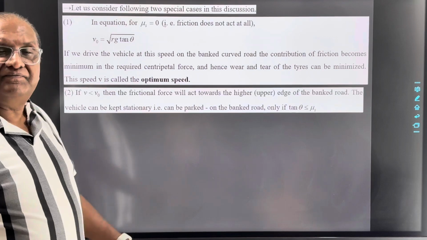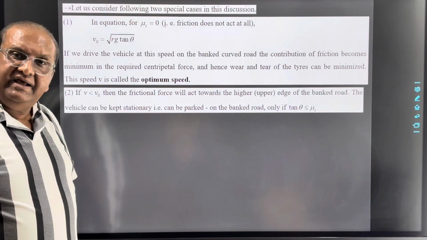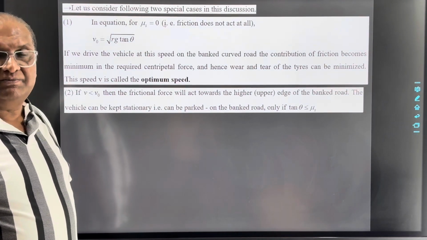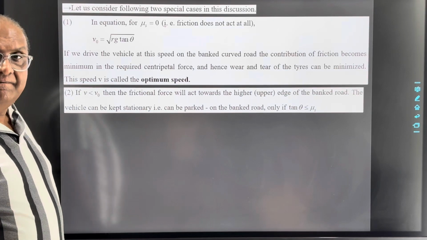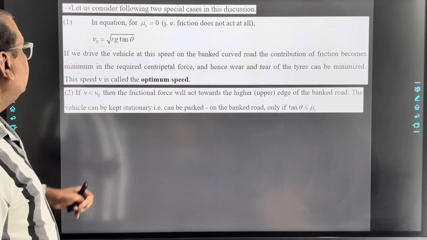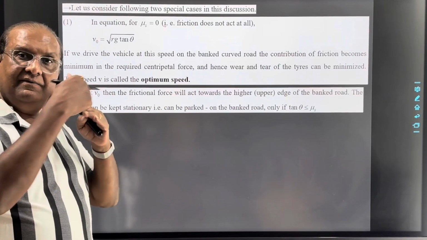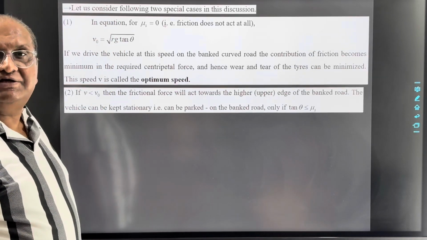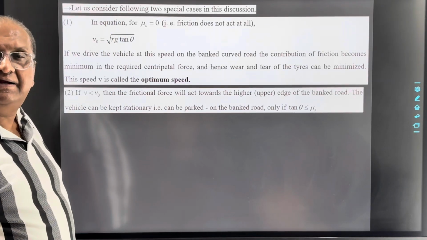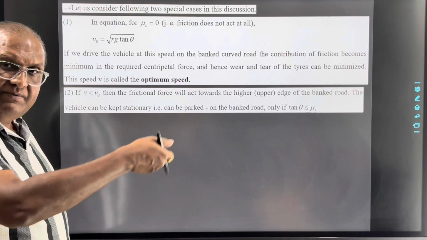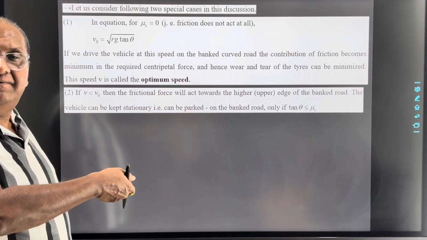Now let's think about another case. If speed is less than optimum speed, then what happens? The frictional force will act in the opposite direction, meaning towards the higher side. So the vehicle will slip off inside, right?